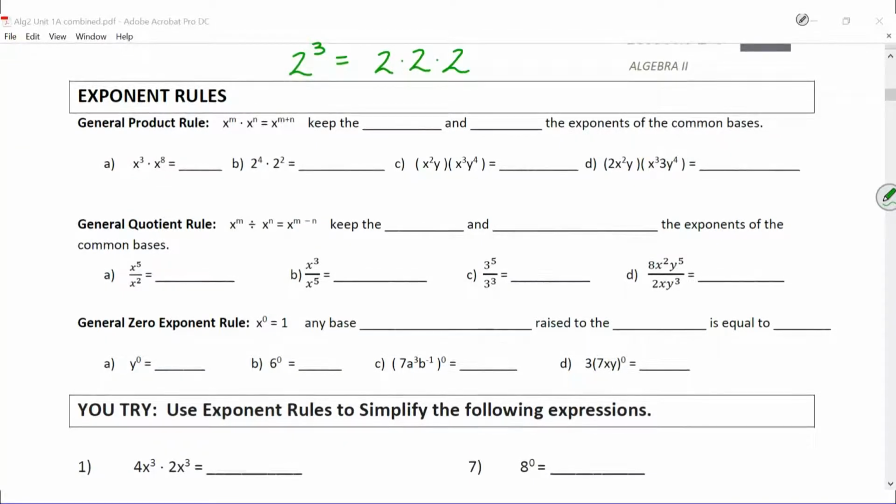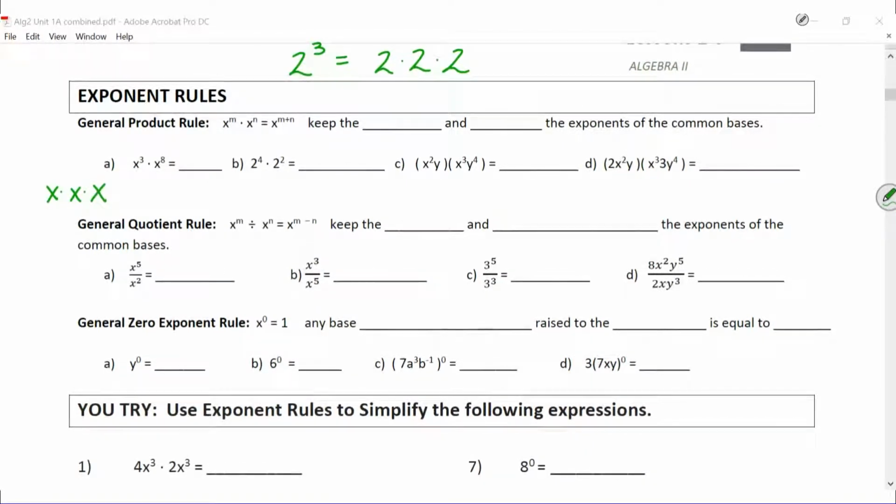Now, the general product rule is x to the m power, meaning x times itself m times, times x to the n, or x times itself n times, and what you'll get is x to the m plus n. Let me give you an example of that in letter A. I have x cubed, which is x times itself 3 times.